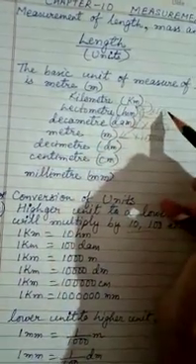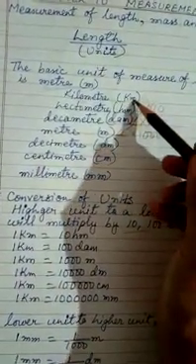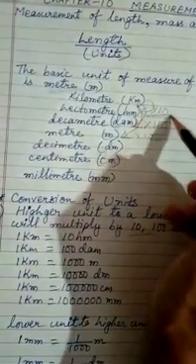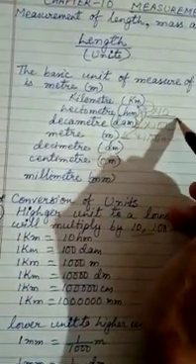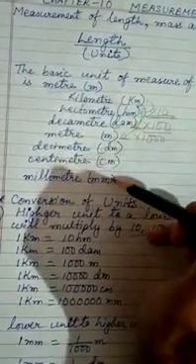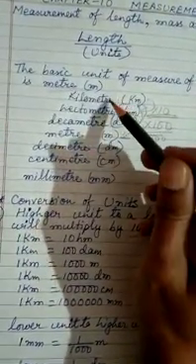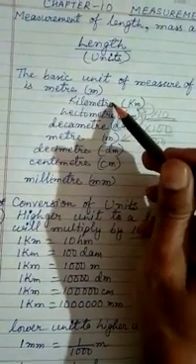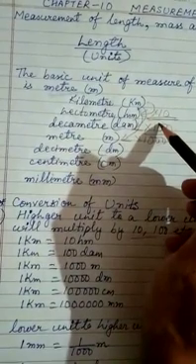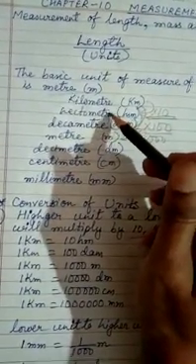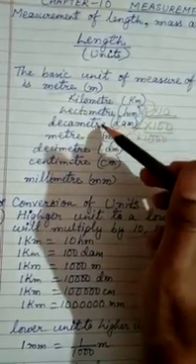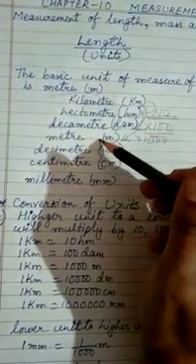Means what you can observe here, that each unit has a gap of 10, that is 10, 10, 10. To convert kilometer into hectometer, we have to multiply with 10. To convert hectometer into decameter, again 10. Decameter into meter, again 10.